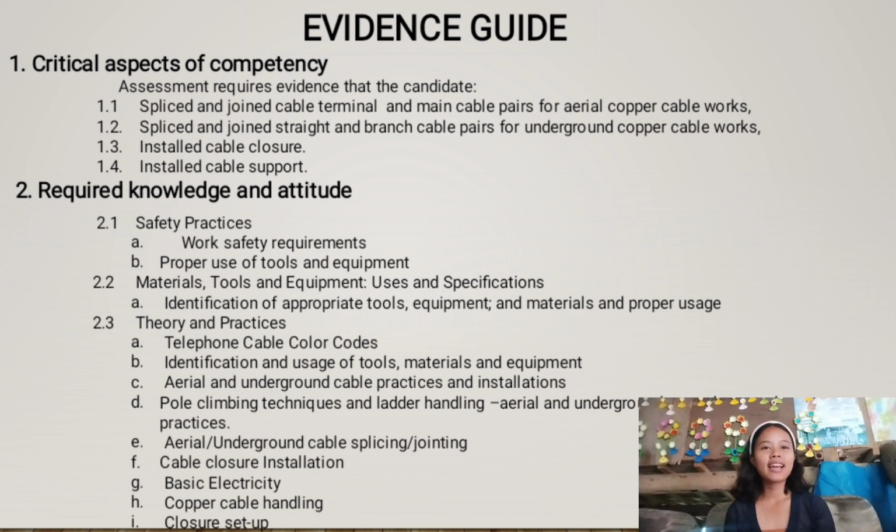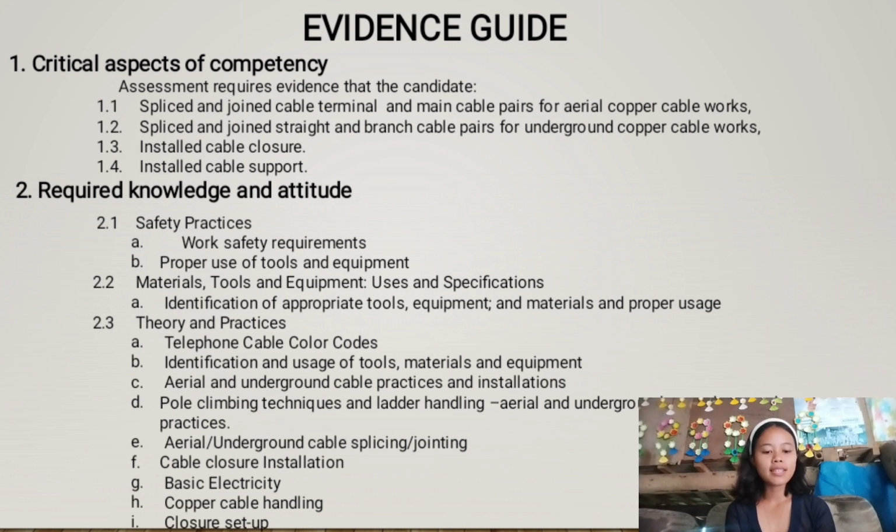I am assigned to talk all about the evidence guide of cable terminal to main aerial or underground copper cable joints and splices. We have six evidence guides, and the first one is critical aspects of competency.